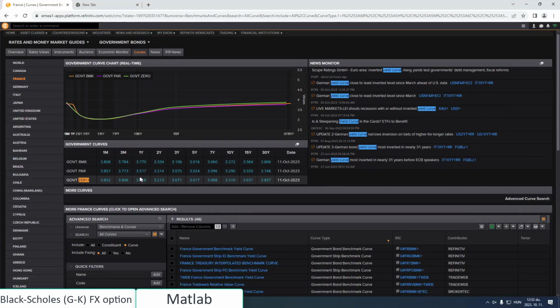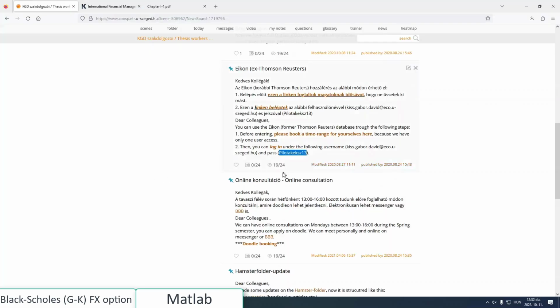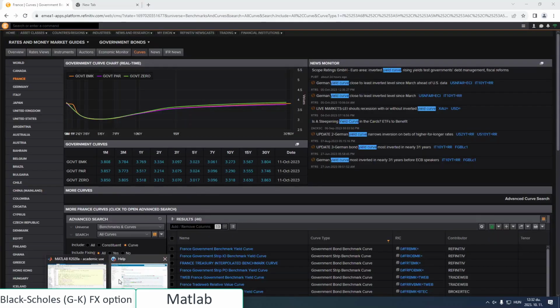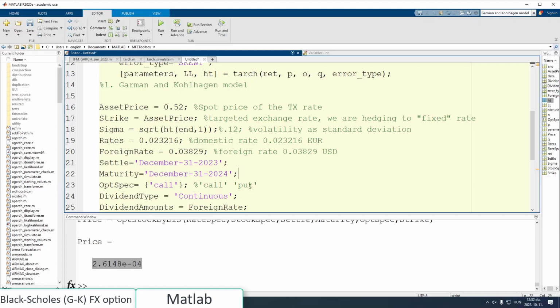Whatever. So we need 1 year, 2 years, 3 years. So we need the following things. So let's define French rates.